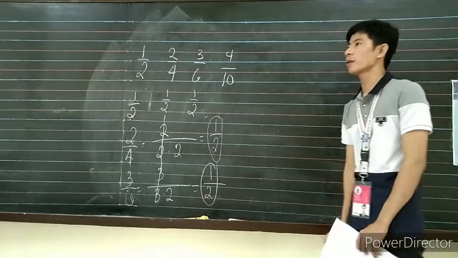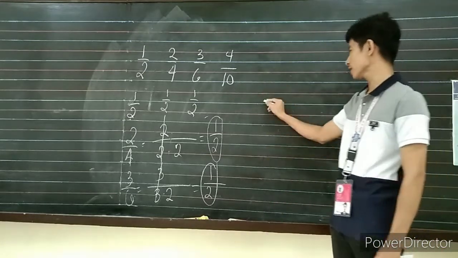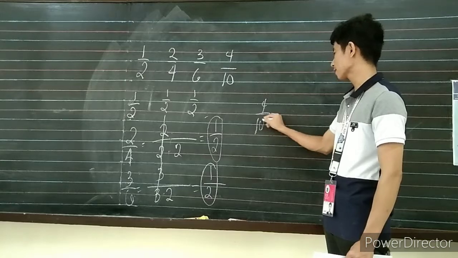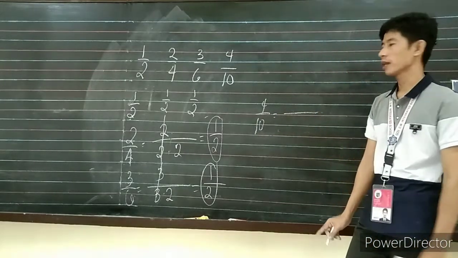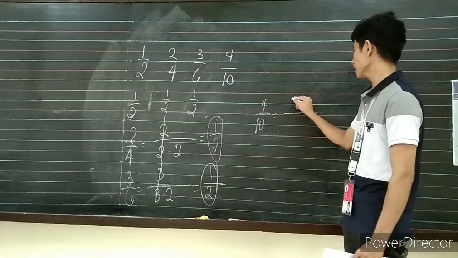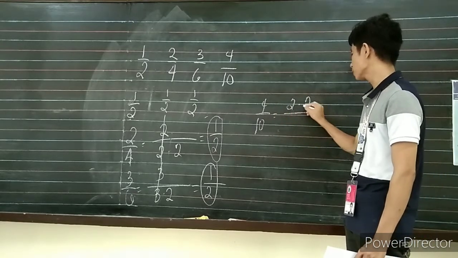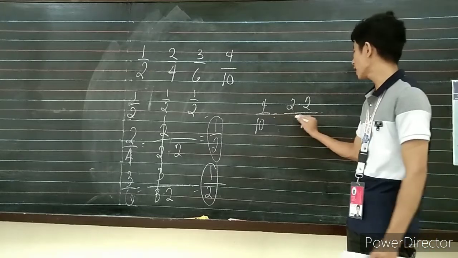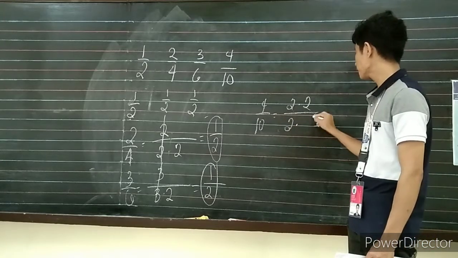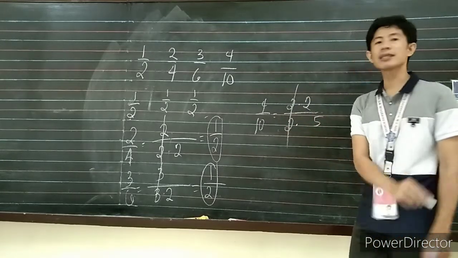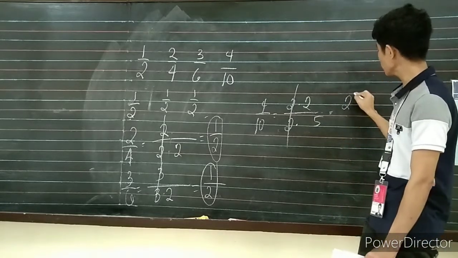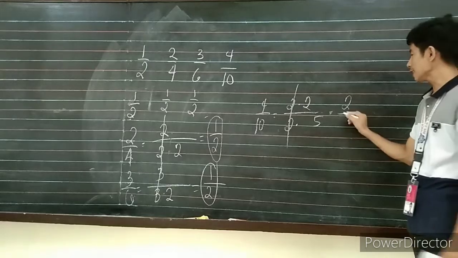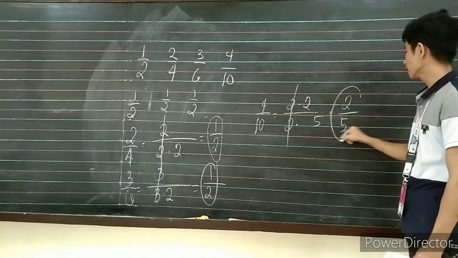Proceed with our fourth fraction, which is 4/10. What are the prime factors of 4? The prime factors of 4 is 2 times 2. For 10, we have 2 times 5. Cancel out the common factor. What is left in the numerator is 2, and in the denominator we have 5.